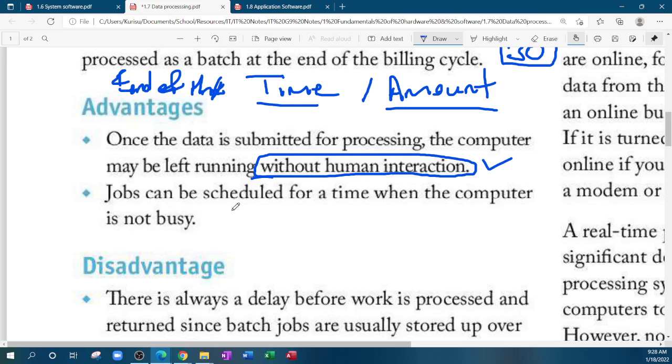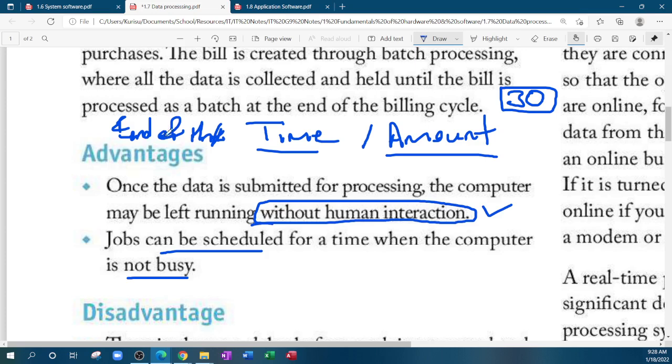The next advantage, you can schedule the jobs for when the computer is not busy. So remember, the computer is going to be taking in information throughout the month. And at that time when it's taking in data, it's not processing anything. It's not doing anything with the data. It's just collecting, because remember, it's going to collect in a batch.